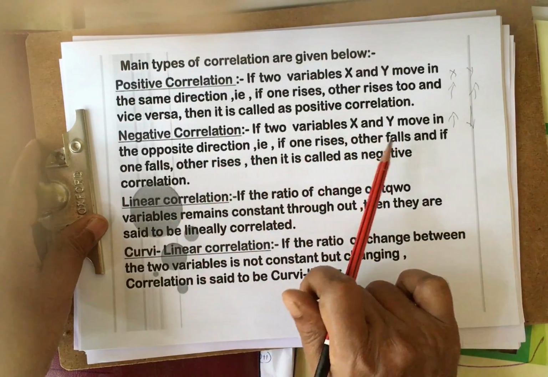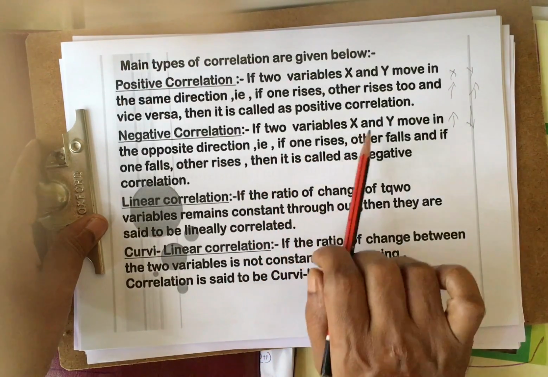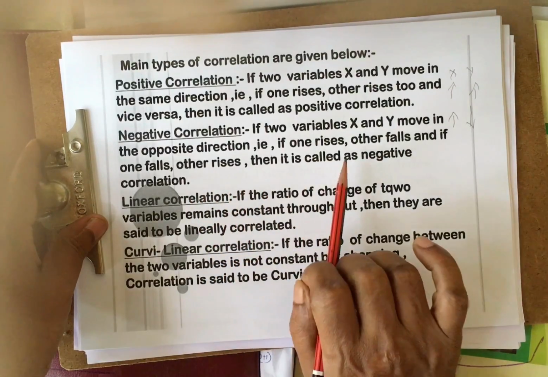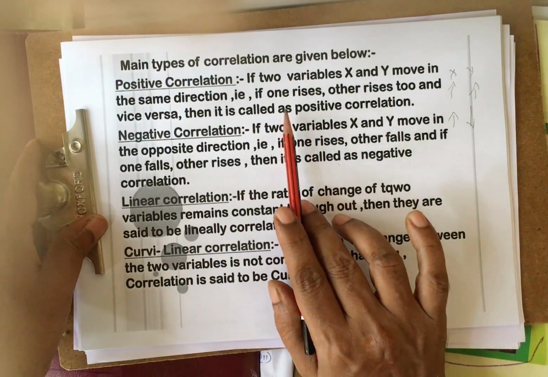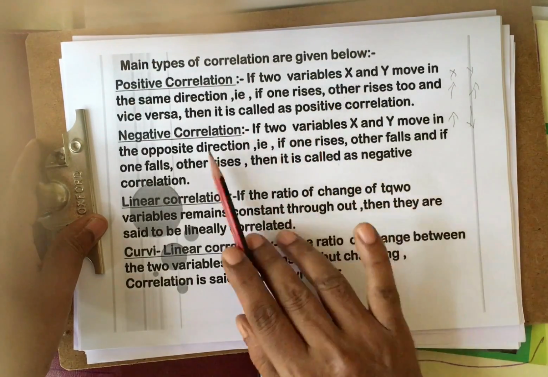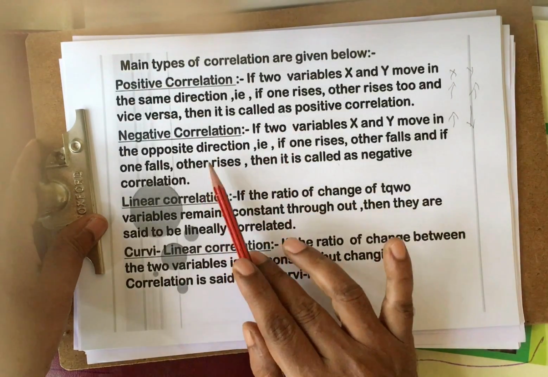Negative relation means opposite direction it goes. One rises, the other falls. When one falls, the other rises. Then that is called negative correlation. Whereas in positive correlation, one rises, the other also rises, and vice versa. It is called positive correlation. So one is positive and this is negative.